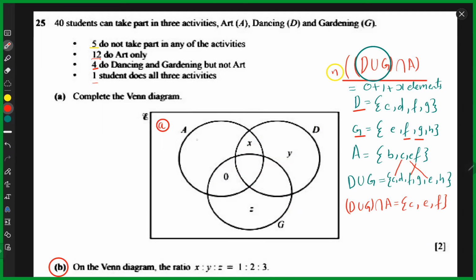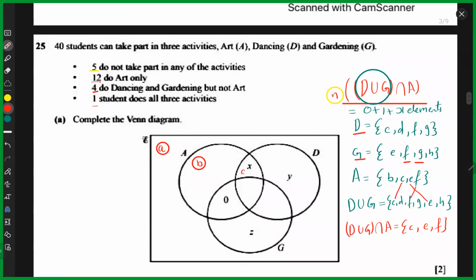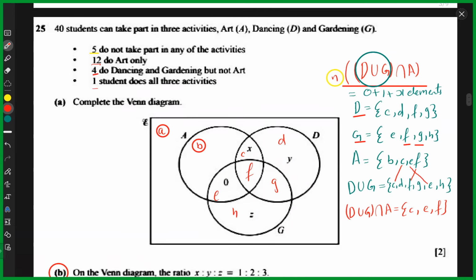Then it's B. Now this B is basically representing only the number of students which are in A only, right? Then we have C. C is basically the intersection of A and D without G. Then it's D. D is basically all of this part. Then it is E. E is basically all of this part. Then we have F. Then we have G. And then we have 8. So all the different parts of the Venn diagram are labeled using different alphabets.